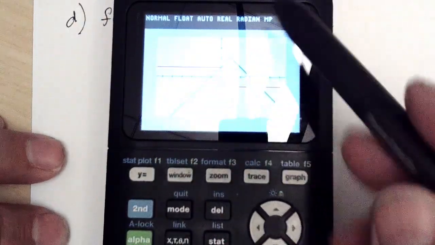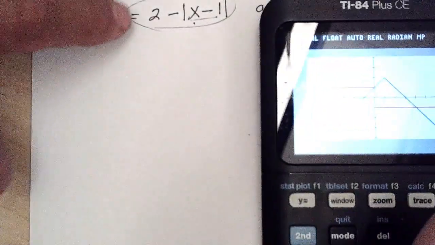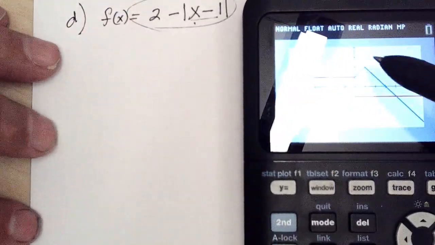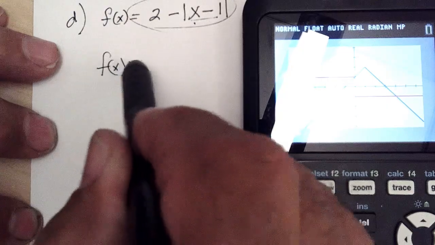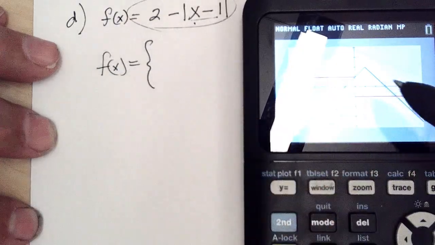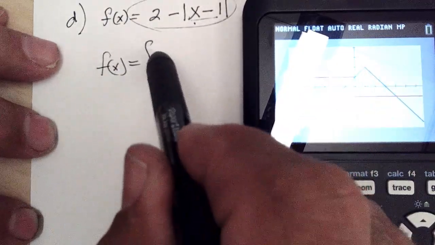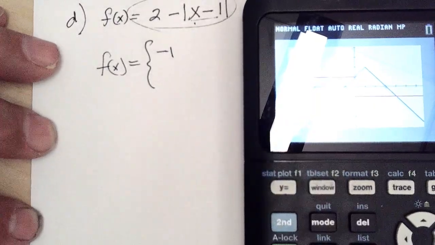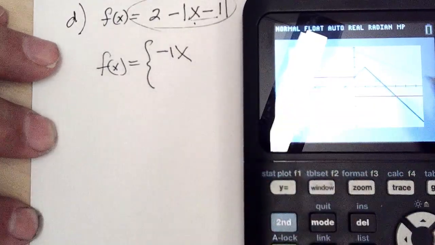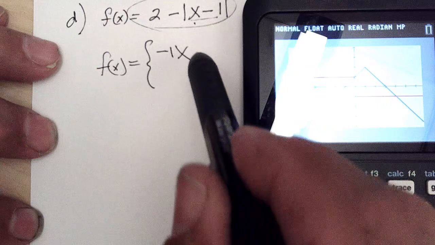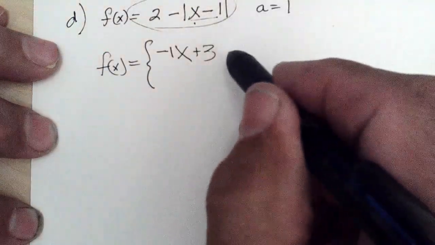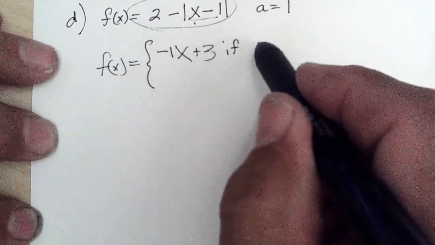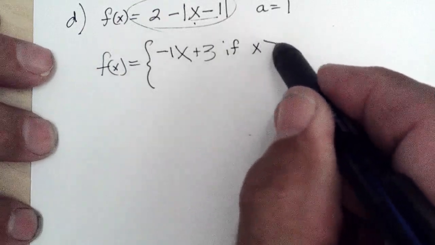Beyond 1, the equation is the line with a slope of minus 1 going through plus 3. That's the equation as long as x is greater than 1.